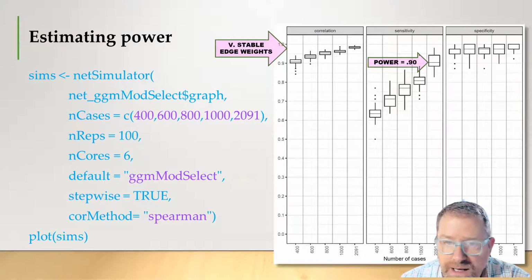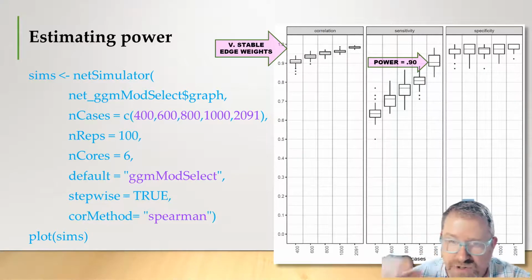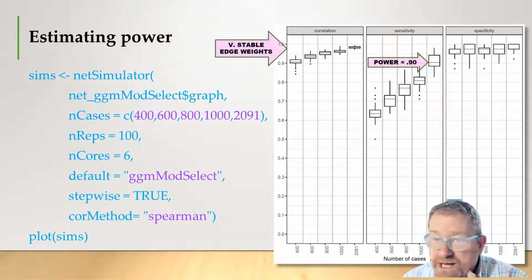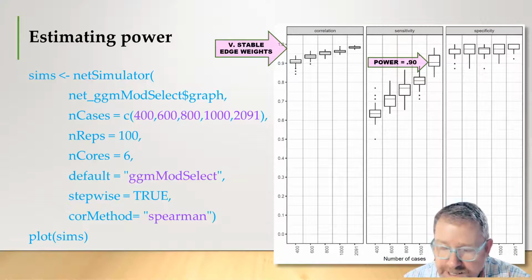So even if I had dropped down to a sample of just 400, the estimated edge weights would correlate about 0.90, 0.91 with actual edge weights. So that's really good. But with my sample of 2091, they correlate close to 0.98. So very stable edge weights, which is nice.